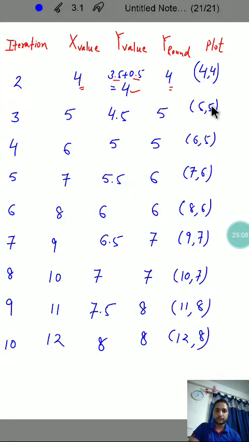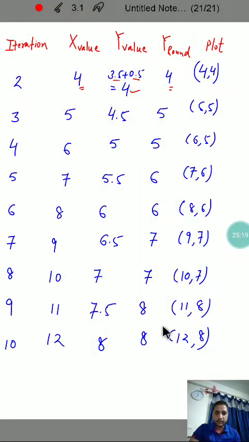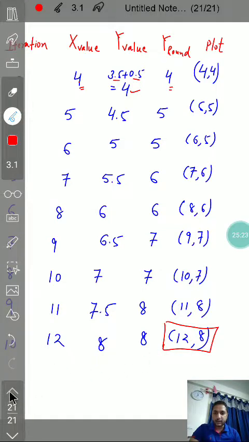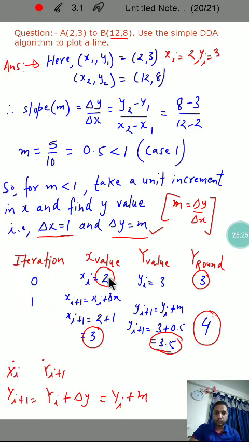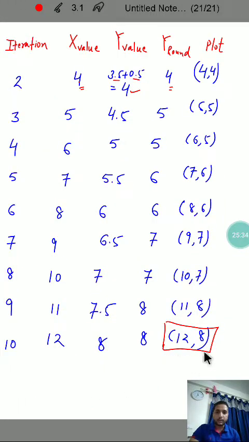So it will be 4, 5, फिर again 5, 6, 6, 7, 7, 8, 8. अब this is the end point, you can say, जो हमें एंड पॉइंट आना था that is 12, 8 और स्टार्टिंग पॉइंट हमारा था 2, 3. तो 2, 3 से हमने शुरू किया as per our question, and ending हमने कर दिया 12, 8 पे, like this. So what are all these plotting points?